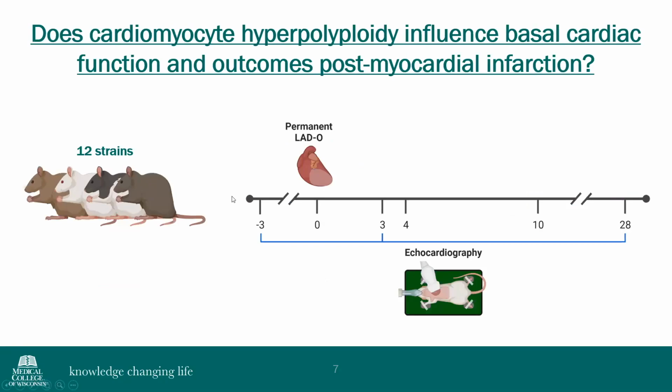So to do this, we perform a permanent ligation of the left anterior descending artery. And then we assess cardiac function by echocardiography. And we do this before we perform the injury, 3 days after, and then at 28 days, where we end the experiment, euthanize the animals, and collect tissue for further analysis.